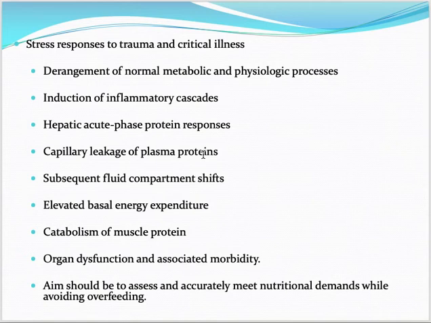There are positive acute phase proteins and negative acute phase proteins. Positive acute phase proteins are those which are increased in the body in response to stress, and negative acute phase proteins are those which are decreased in response to stress. Anyhow, it's a different topic. So that's a small introduction of that.